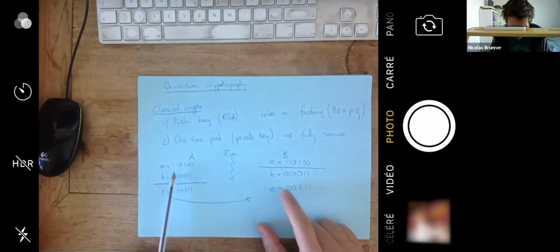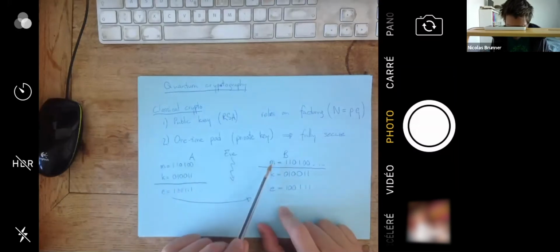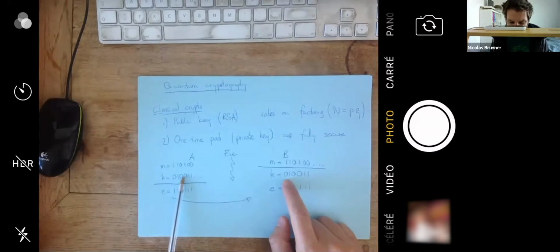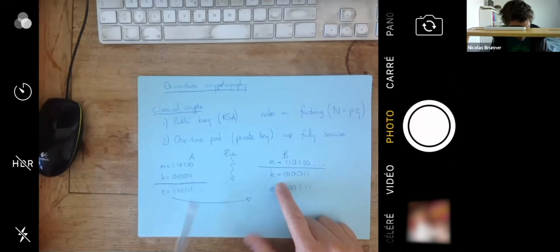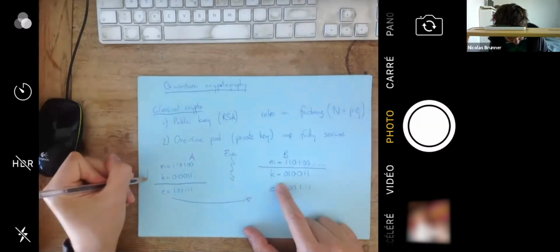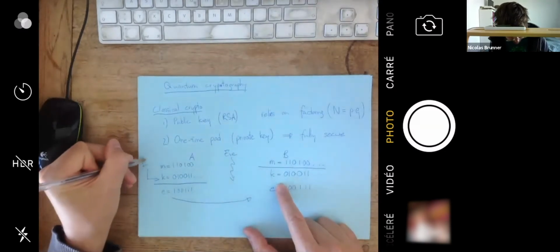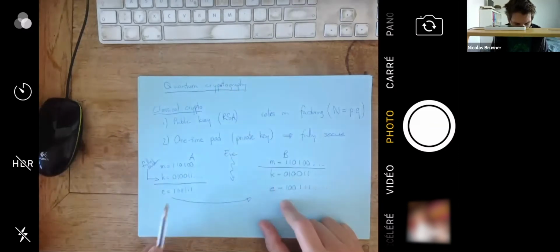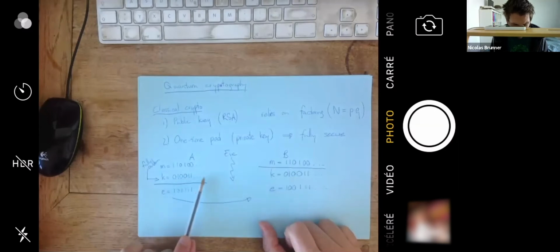It's because, in a sense, from the message of Alice to the final decoding of Bob, I added twice the key, right? Once on Alice's side, once on Bob's. And the point is that this key is random. Okay, so this must be fully random. And also the key must be as long as the message.